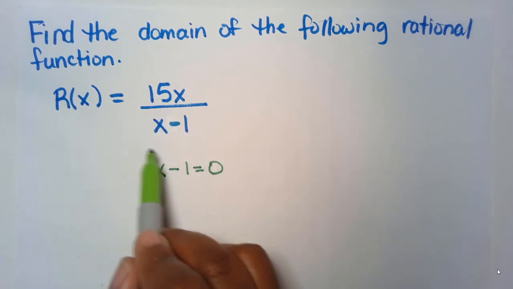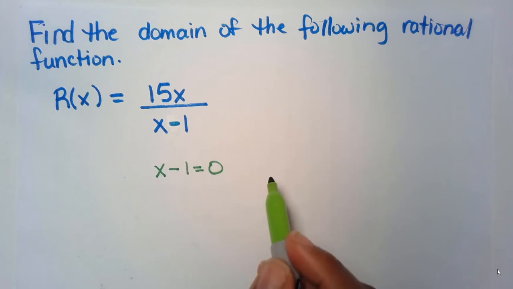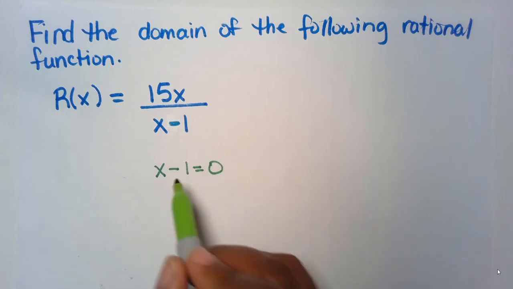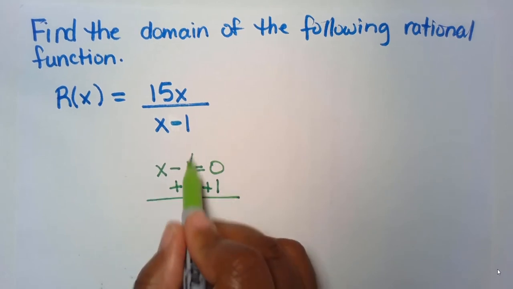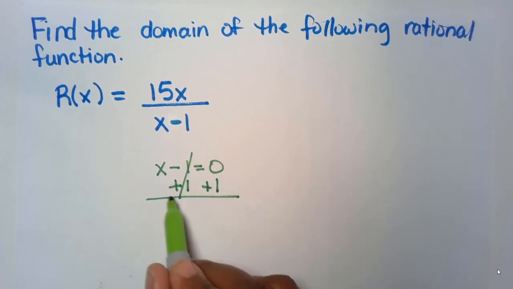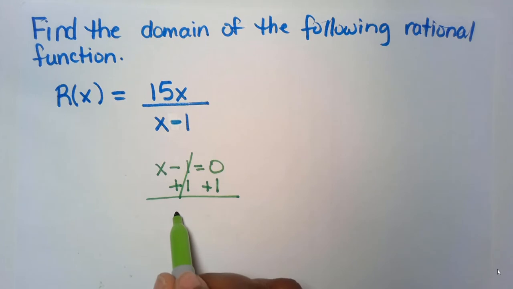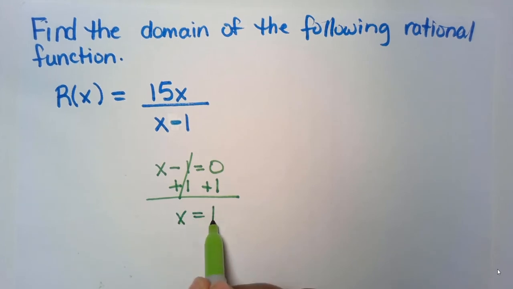Our expression in the denominator, x minus 1, set it equal to 0, solve for x, and we add 1 to both sides, and we have x is equal to 1. Therefore, positive 1 cannot be placed in the denominator because it would make this rational function undefined.